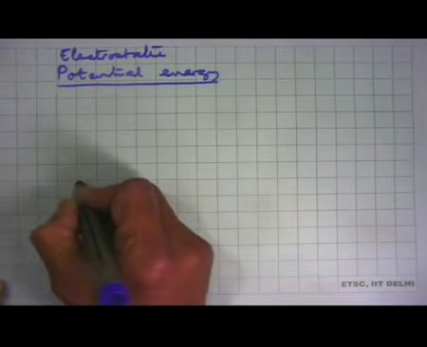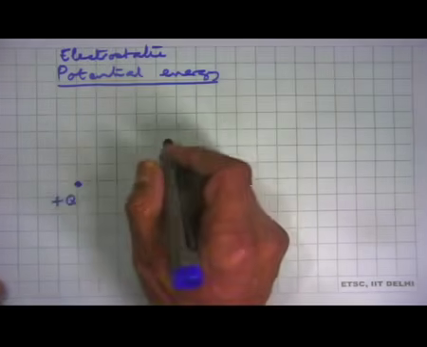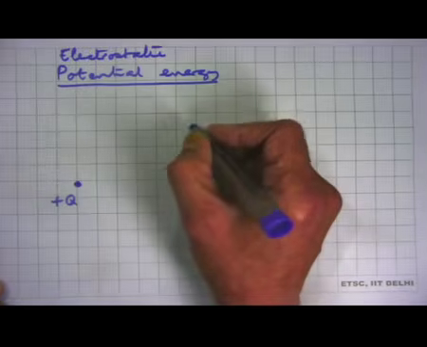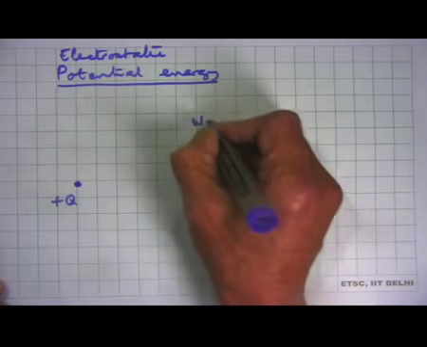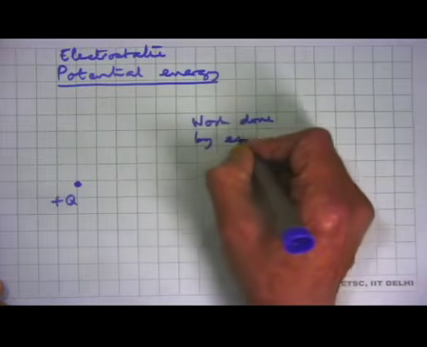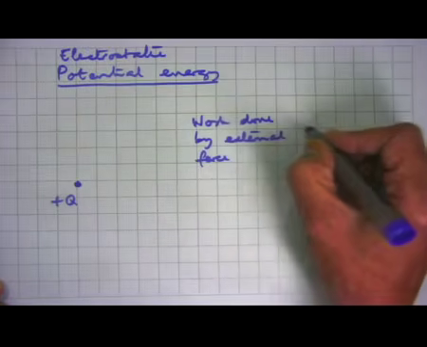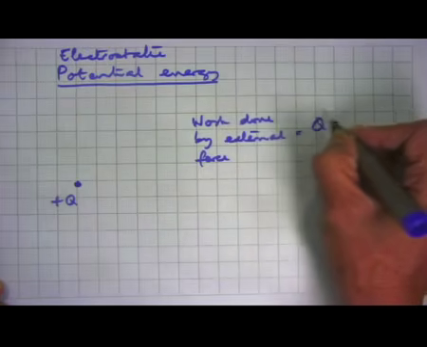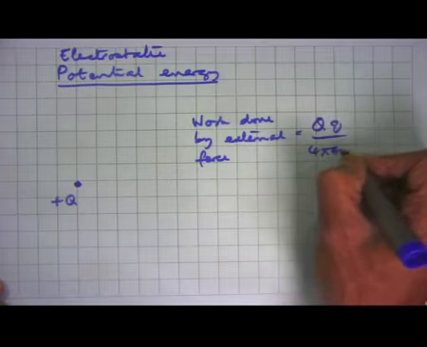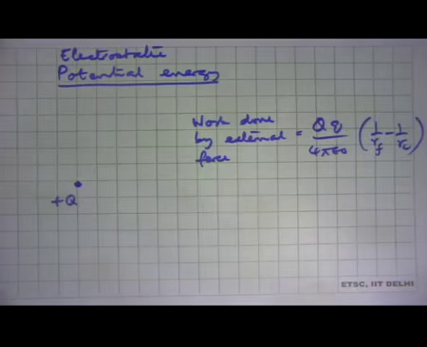So, let me again take a point charge. Remember, we had calculated the work done by the external force, which is equal to q by 4 pi epsilon 0 times (1 by R f minus 1 by R i).